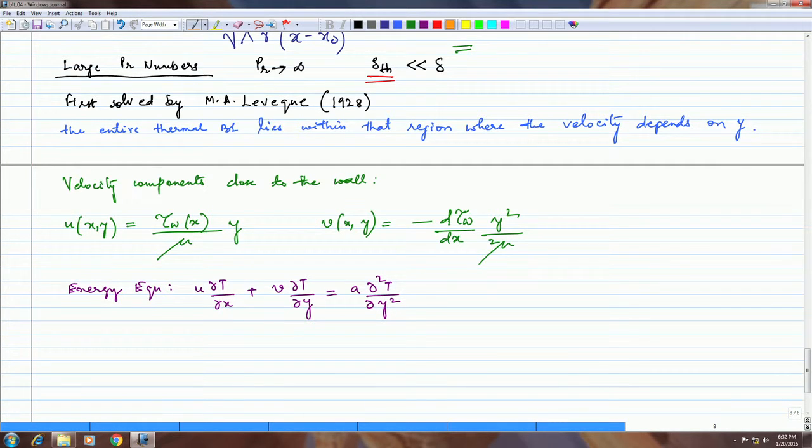If I use this description for the velocity components close to the wall, then the energy equation can be reduced to an ODE using a similarity variable or transformation.